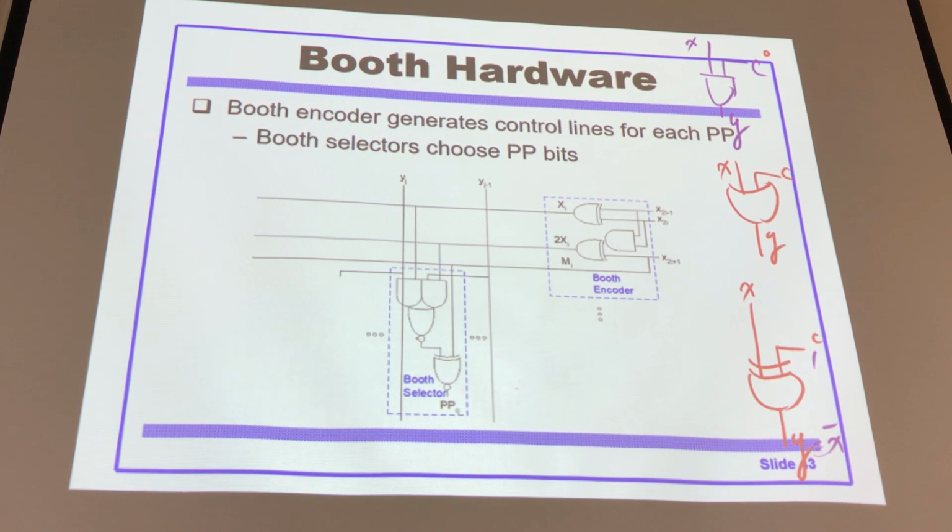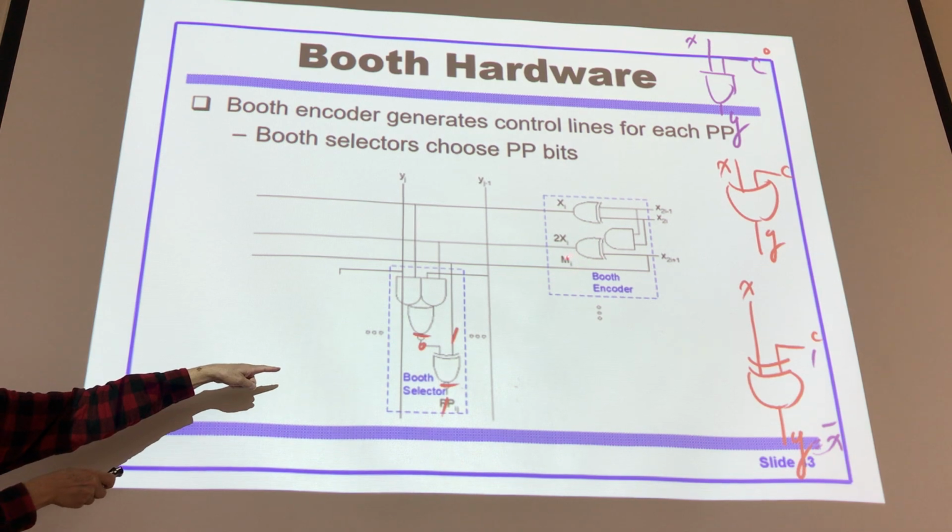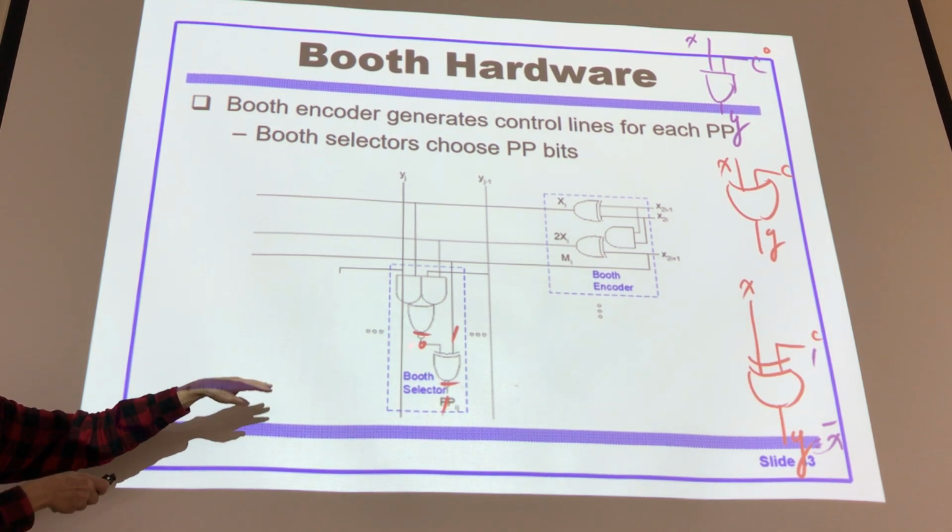Just for a moment, remove the two bubbles here. 0, it will go through. 1, you are inverting. 0 will become 1. You are inverting. So that's one's complement, right? When n is 1, we are doing one's complement.